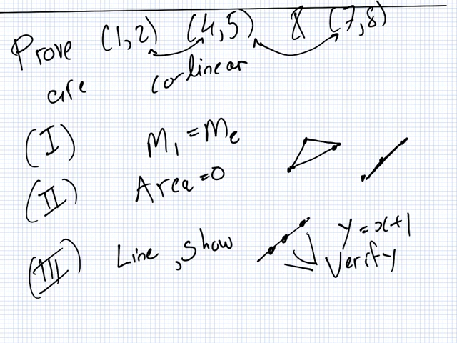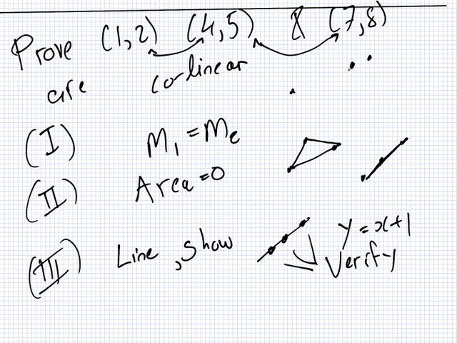Oh yeah, perhaps the middle point is the midpoint of the two. That would prove it's collinear, but if it was false, it doesn't mean it's not collinear, because just because I have 3 points, it doesn't mean the middle one has to be exactly in the middle.